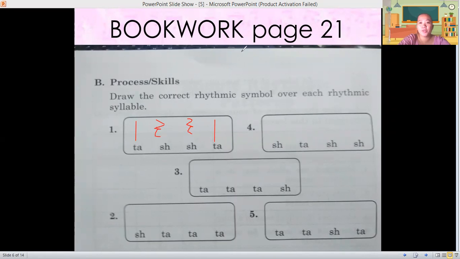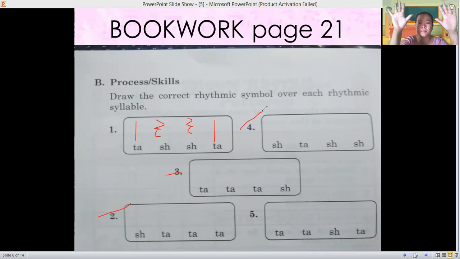Okay po, now you can answer number 2 on your own. Go, number 2, sh, ta, ta, ta. Please draw. Okay, let's go to number 3. Please draw. Ta, ta, ta, sh. Go. Okay, for number 4, sh, ta, sh, sh.